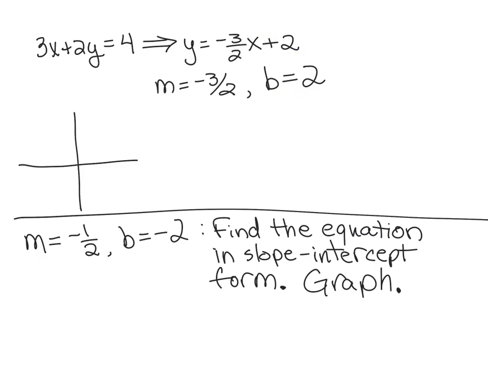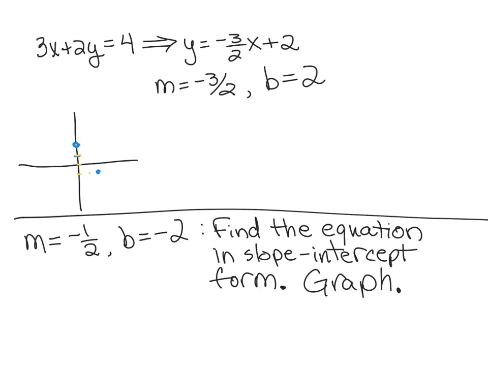So to graph my line, I'm going to plot my point at y equals 2, and from that point, I'm going to go down 1, 2, 3, and over 2 and make a point.